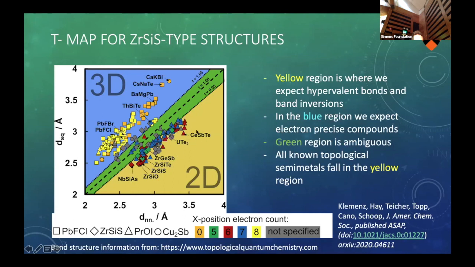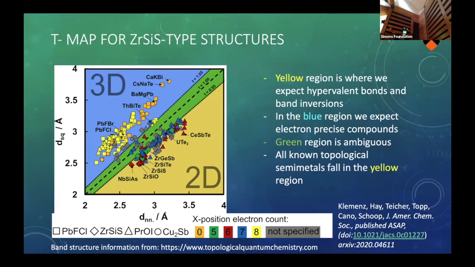They all fall in this area. And also I want to highlight this compound, uranium ditelluride, where there is a different structure polymorph, but still chemically related, which is now researched as a candidate for topological superconductivity. And so this is a highly correlated material, and it falls in our plot in the correct region where DFT would have issues due to the correlated nature of this material.